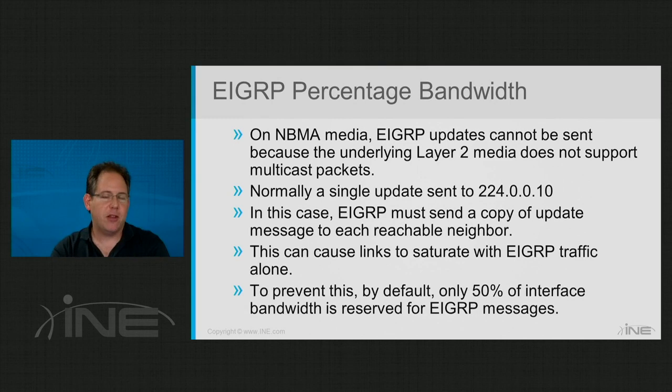So one thing that the designers of EIGRP did to try to circumvent this problem is they built into the protocol this last bullet right here that says EIGRP will take a look at the bandwidth setting of an interface, divide it in half, and EIGRP will say, I can use no more than half of that bandwidth. No matter how much stuff I need to send at any given time, only half of that bandwidth is available for me.